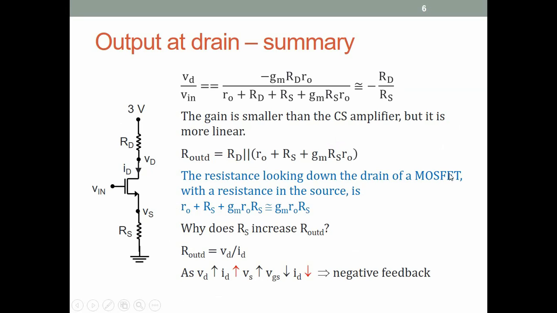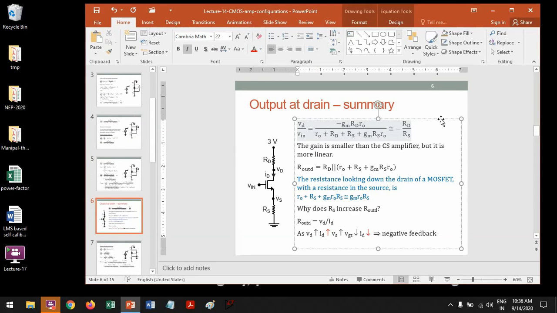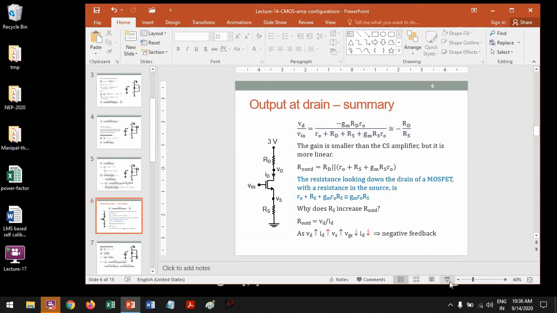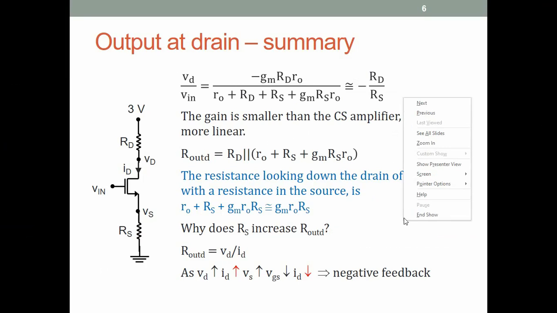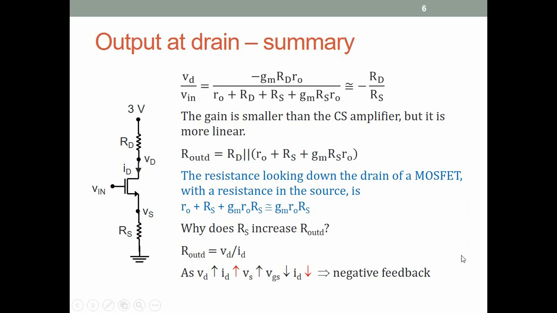Alright, let us summarize for the drain and then we'll do the source. So for the drain, the voltage gain, again this same copy paste has come here, so the double equal to has come. So we remove that. The expression is, as we just discussed, approximately equal to minus Rd by Rs.